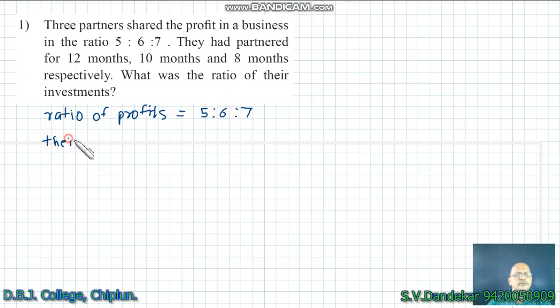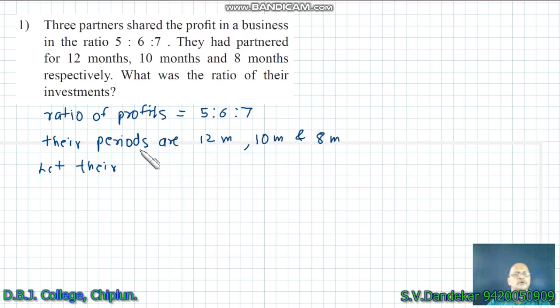Their periods are 12 months, 10 months and 8 months, that is 12 is to 10 is to 8.